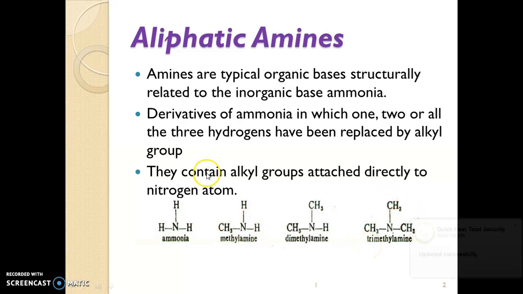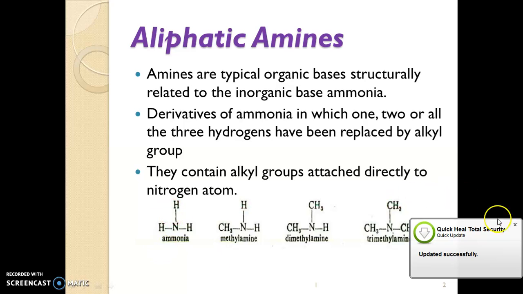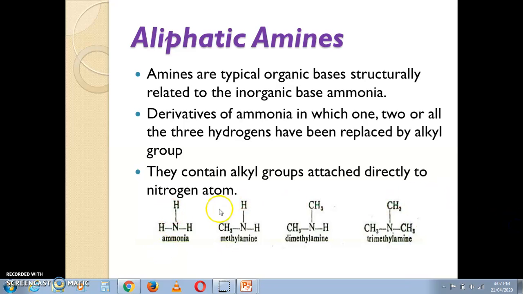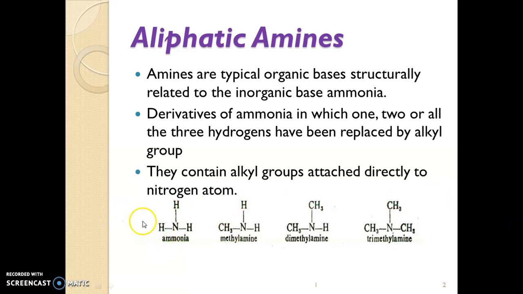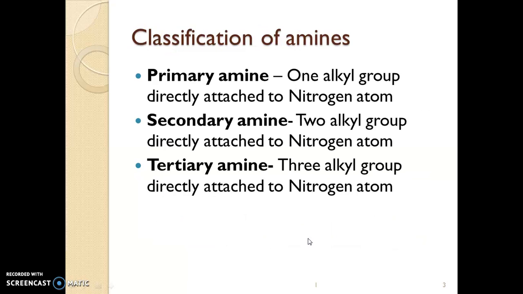So amines are derivatives of ammonia in which all 3 hydrogens or 1 or 2 hydrogens get replaced by alkyl groups. So next is the classification of amines.